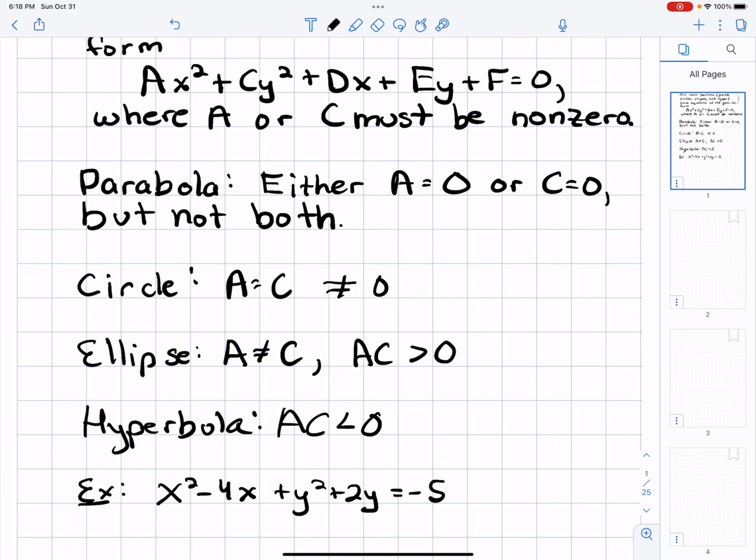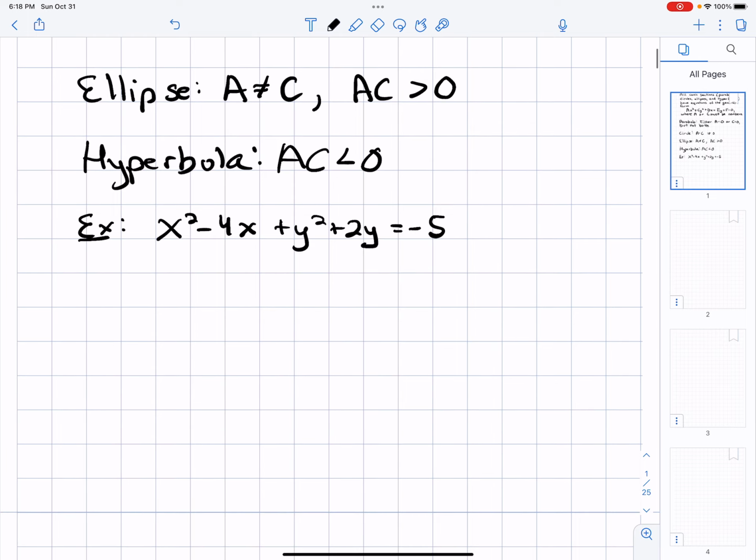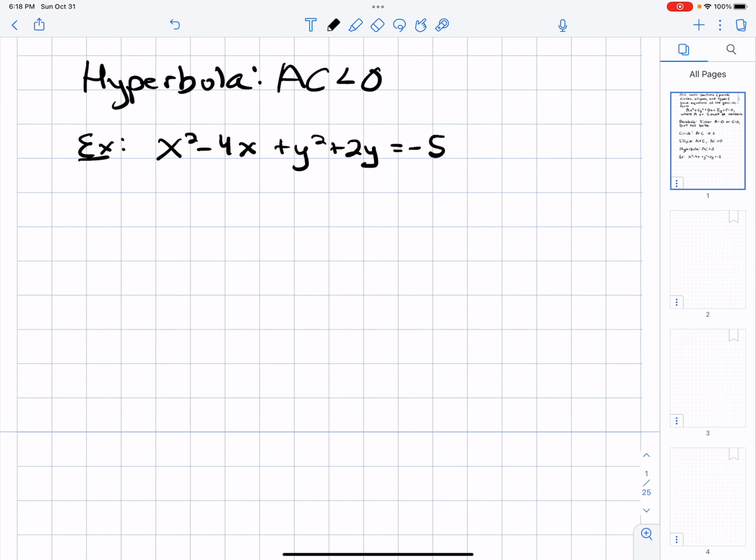So so far it seems to fit that form. Let's see what we can do with it and narrow it down and see if it actually is a conic section or not. It's looking like it might be, but let's see for sure. I'm looking at this and I'm spotting both an x squared and a y squared. And the numbers in front of x squared and y squared are the same.